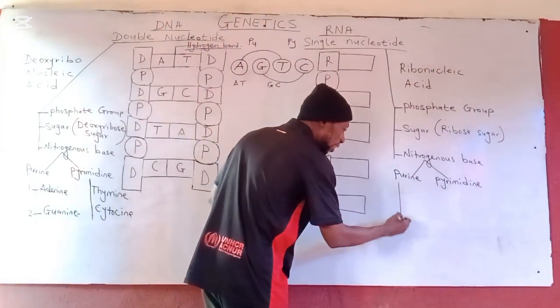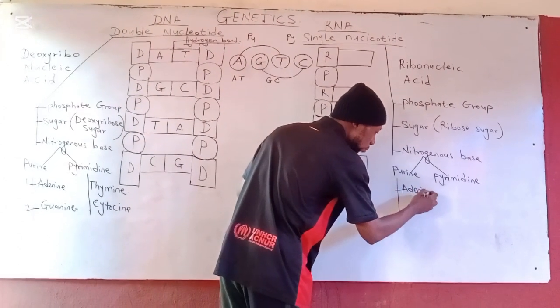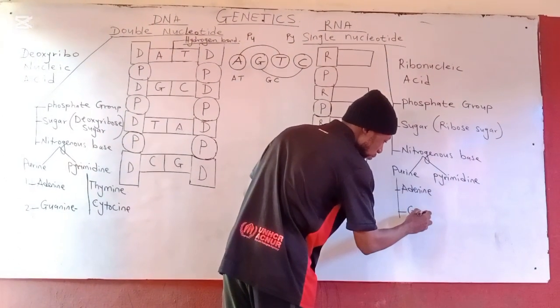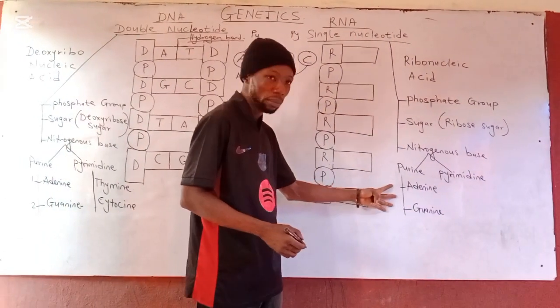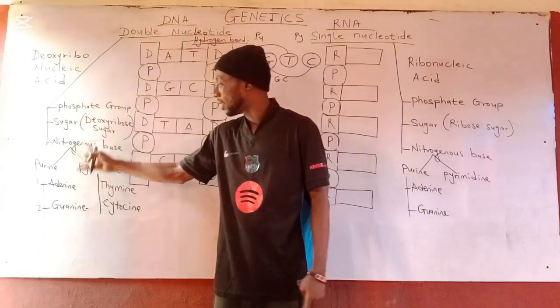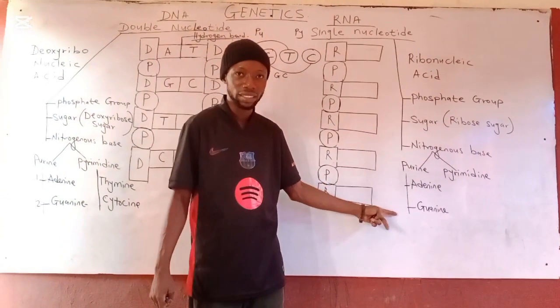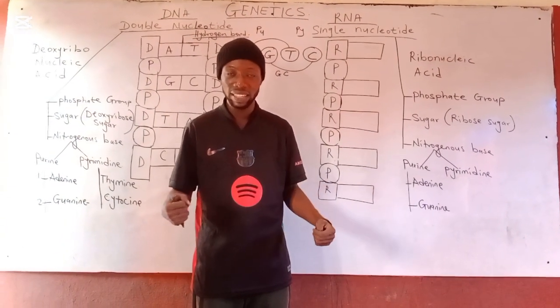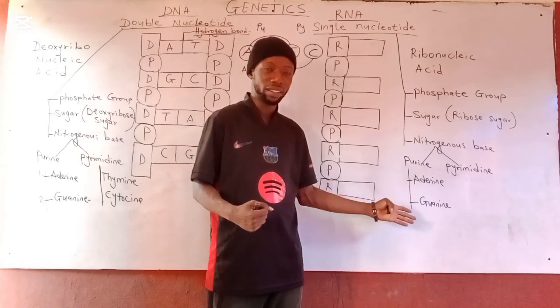Then the purines in RNA are the same as the purines in DNA: adenine and guanine. So the purines in DNA are the same as the purines in RNA.